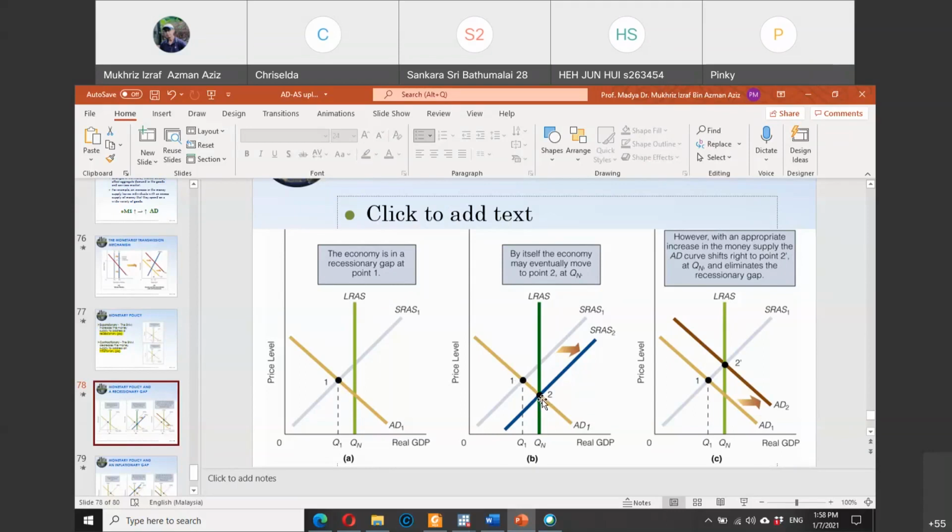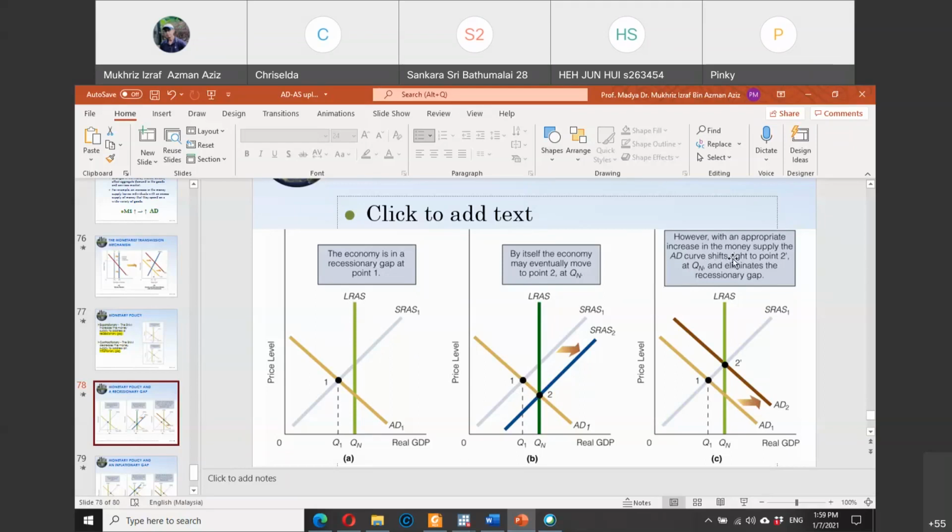But if the government wants to intervene, for example, if the movement from point number 1 to point number 2 is too slow, the government might want to intervene in the market.